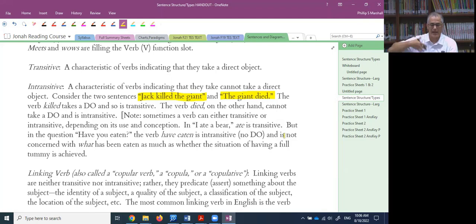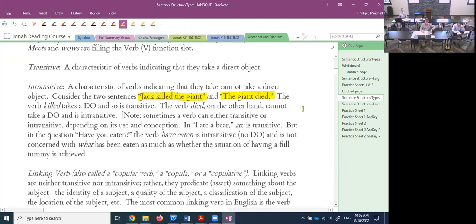So Jack acted upon, by way of killing activity, the giant. The giant is affected by the action. It's the direct object here. And so the verb kill is transitive, right? But when I say "the giant died," the verb to die cannot take a direct object. And so this would be labeled as intransitive. Is that clear?